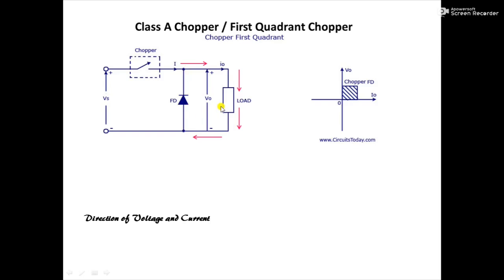So in both cases, it is either 0 or positive. And in both cases, the load current is flowing in the downward direction from source to load. So the current and voltage, both of them are in the first quadrant because both the values are positive. That is why this class A chopper is also called first quadrant chopper.